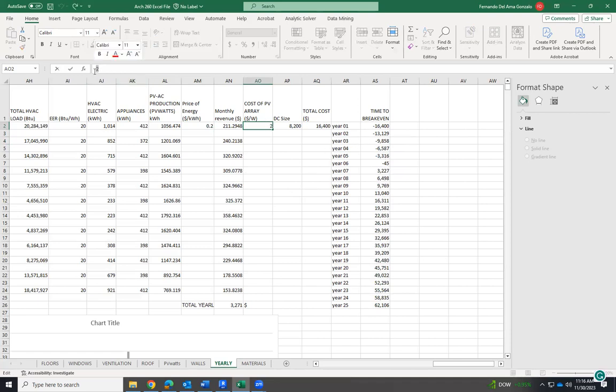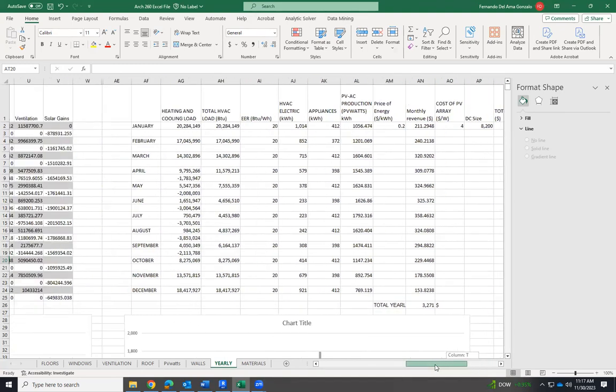But if the cost of the PV array increases, then we start having break-even points over 10 years, and this is not attractive for investment. So that's what you have to analyze now.